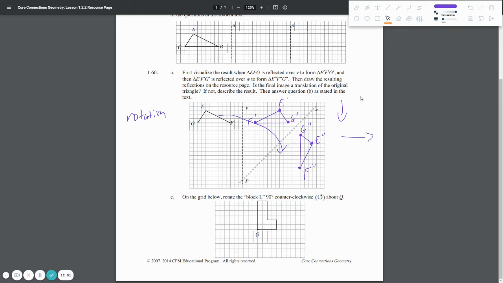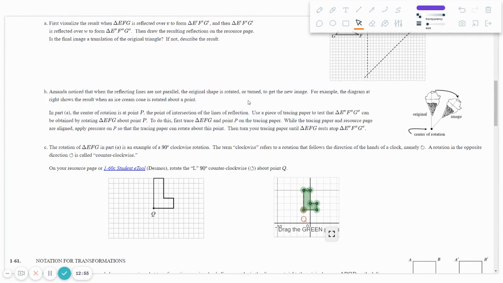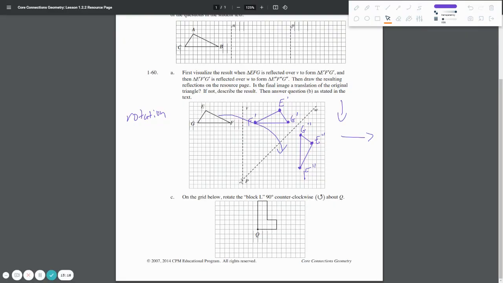And the way that we sort of define this rotation here in part B, if you notice here, the original shape's getting turned or rotated, right? So the ice cream, instead of moving, it's turning. And this is the important part here that I want you to remember. In part A, the center of rotation is at point P. Point P is right here.